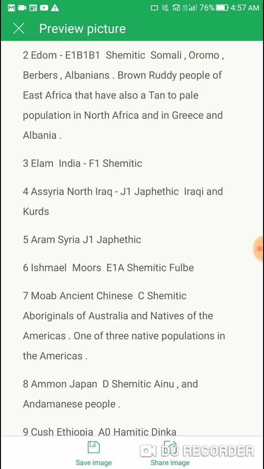But nevertheless, I wouldn't want to be those people in any era of time. So I put the Somali, the Oromo, Berbers, the Albanians, and put the complexions. I put the other countries and regions so we will understand.